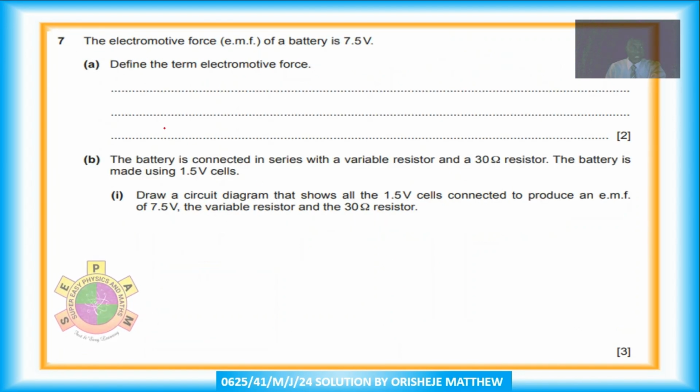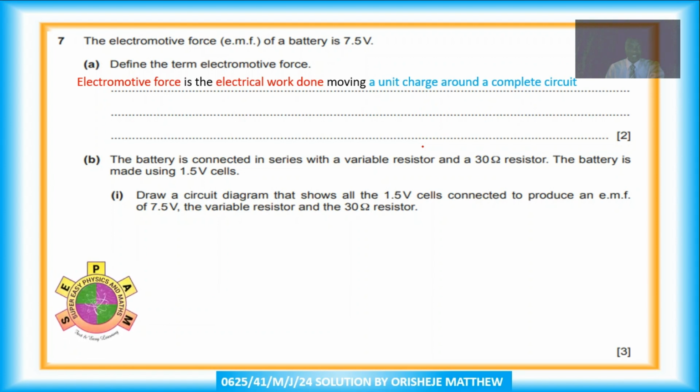Question 7. The electromotive force, EMF, of a battery is 7.5 volts. Define the term electromotive force. Now the electromotive force is the electrical work done in moving a unit charge around a complete circuit.